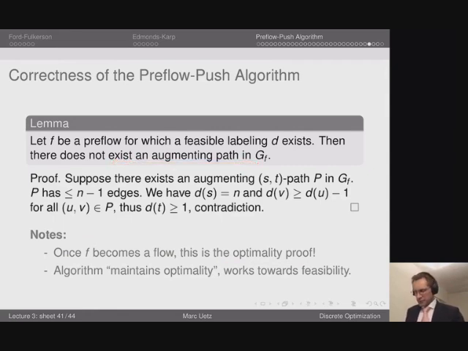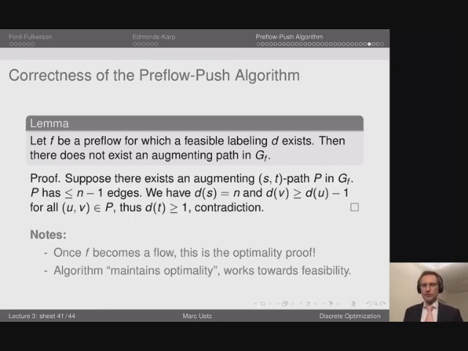So this algorithm maintains optimality at all times, only it is not for a flow, it's only for a preflow. In changing the preflow to a flow in the end, only at the end of the algorithm we get feasibility. So we are optimal at all times, and at the end only feasible.